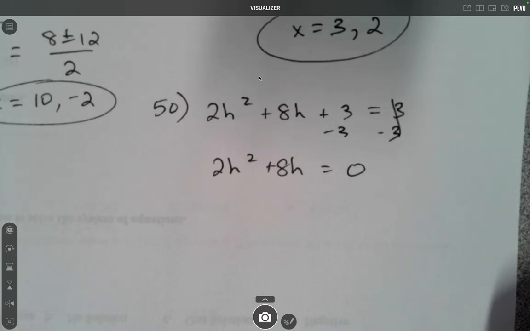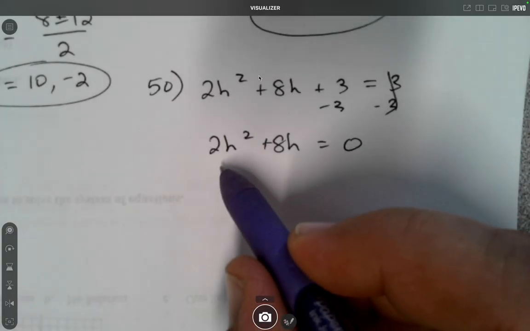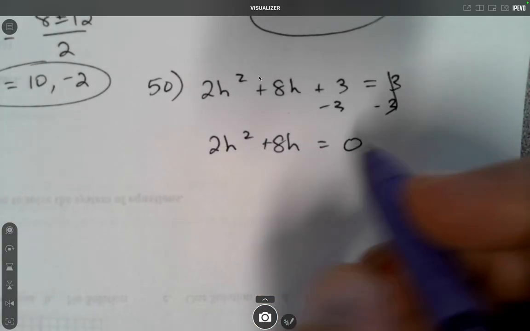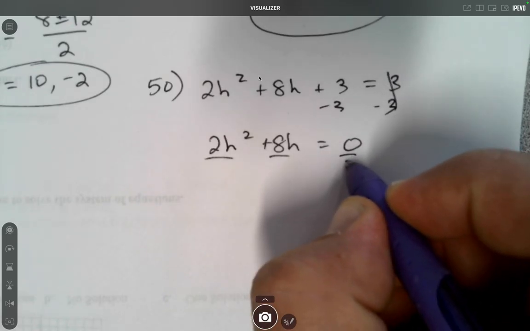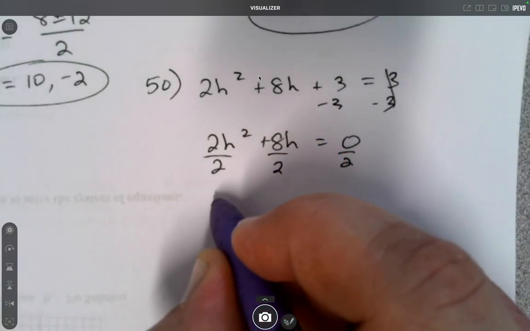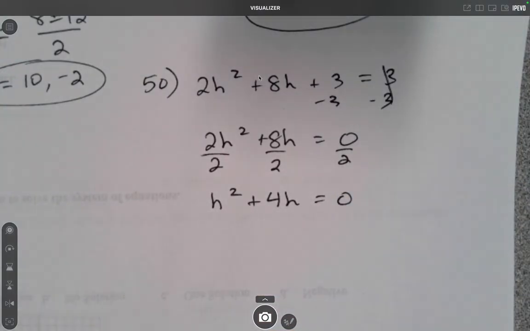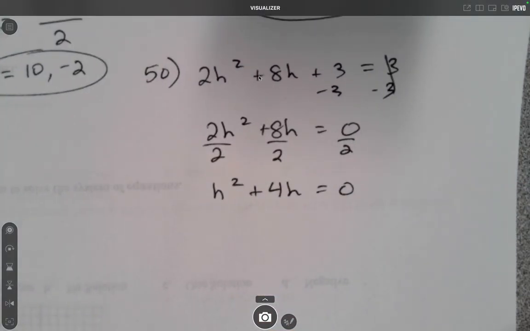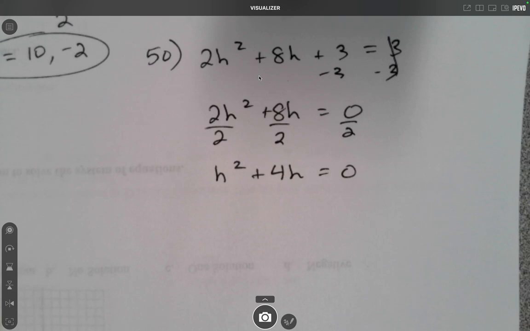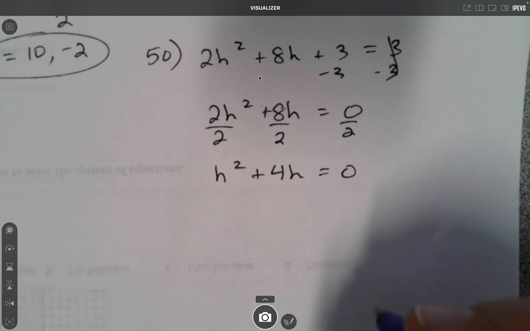Now, if there's anything that all of them have in common, we should get rid of it. So if you notice, these are both divisible by 2, so we could just divide everything by 2 and get h squared plus 4h equals 0. You want to get rid of anything they all have in common, or else it causes some problems with the quadratic formula. Nobody wants that.